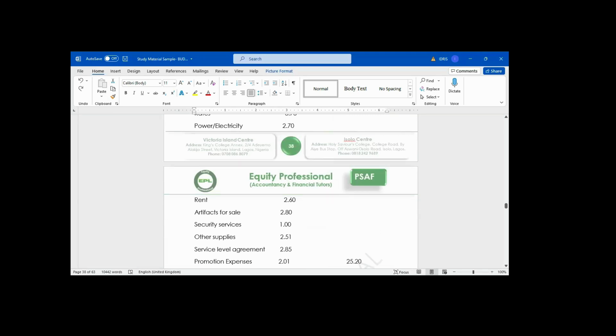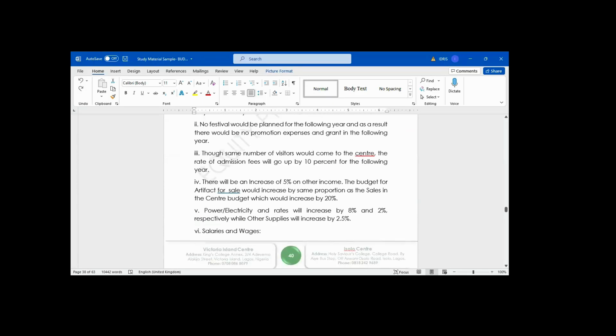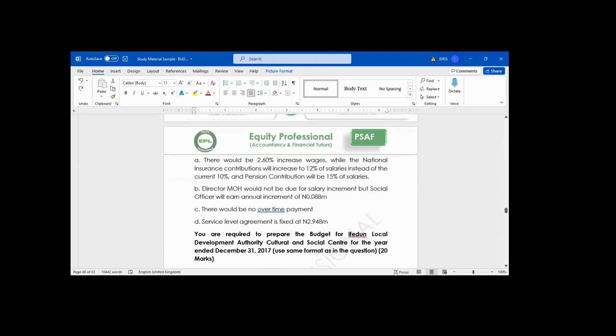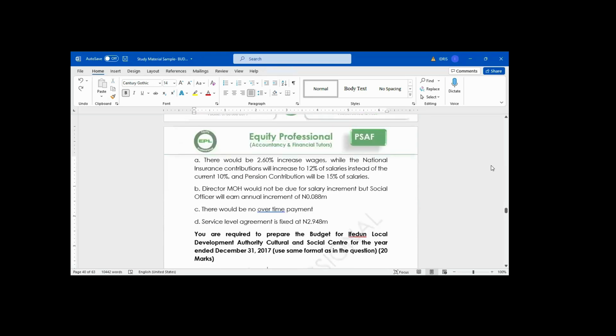Artifact for sales. What is the note on artifact for sales? You will check around. Note 4.